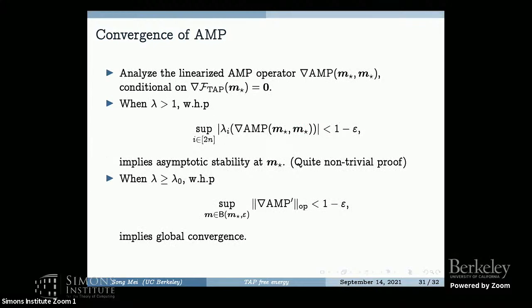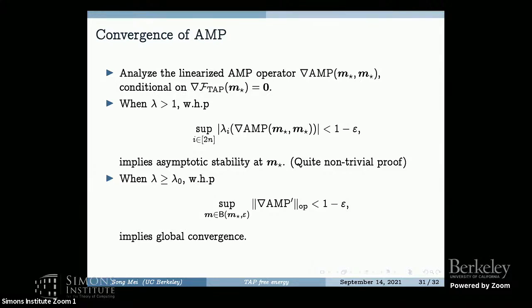And we are able to analyze this AMP operator. I think it's a non-trivial argument. We are able to show that when lambda is greater than 1, with high probability, the spectral norm of the Jacobian of the AMP operator at M star is less than 1. So this implies the asymptotic stability of the AMP algorithm at M star.